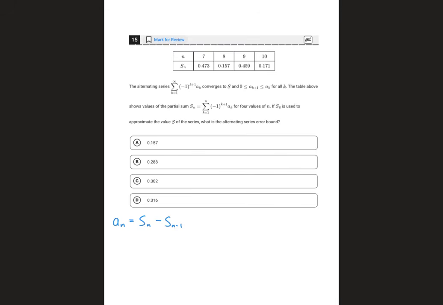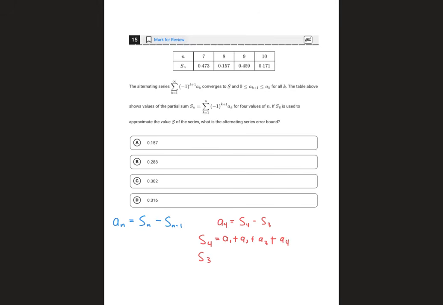So let's say you're just looking at the 4th partial sum. Let's say n is 4. So this is saying that A4 is equal to S4 minus S3. Okay, so think about why that's true. So S4 is the sum of the first 4 terms, A1 plus A2 plus A3 plus A4.